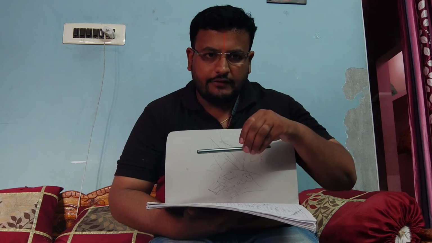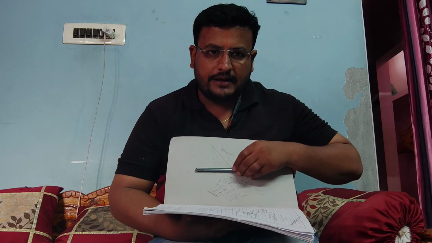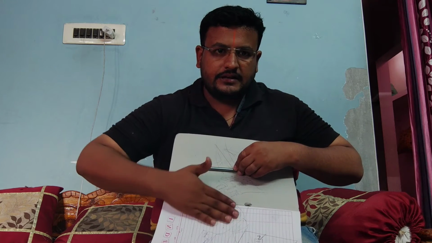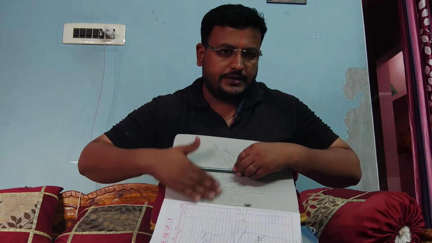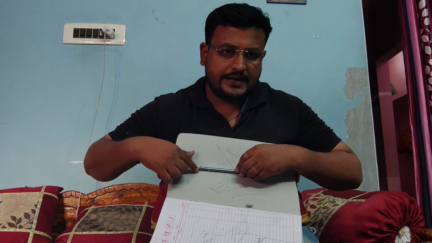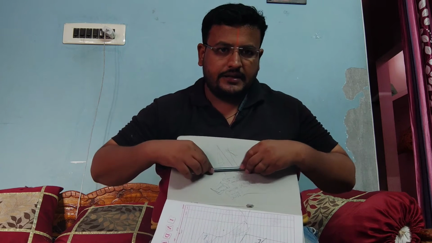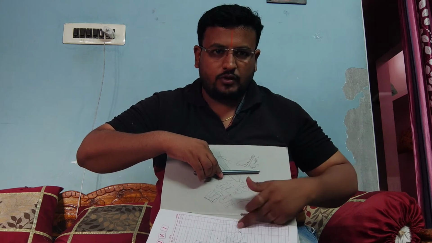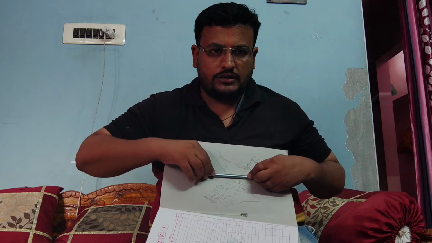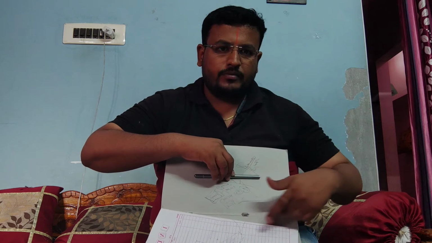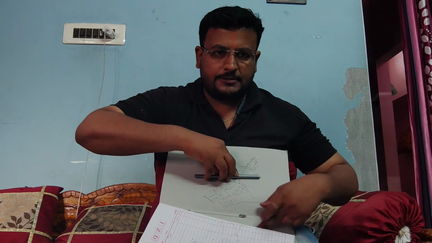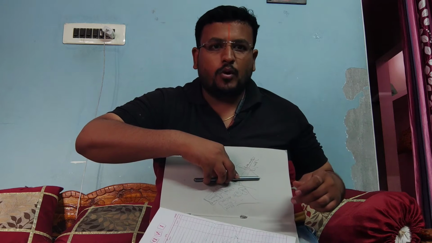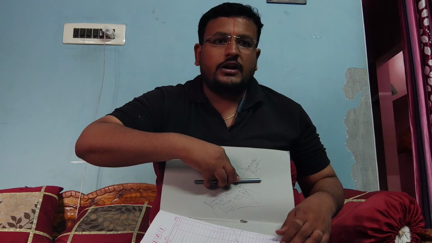And from the front view, you can see the same line at a certain distance above the HP, which is represented as A dash B dash. That means here the line comes parallel to this reference line in both front view and top view. You have to draw the line parallel to this XY line. This line appears parallel to this XY line both in the front view and the top view.